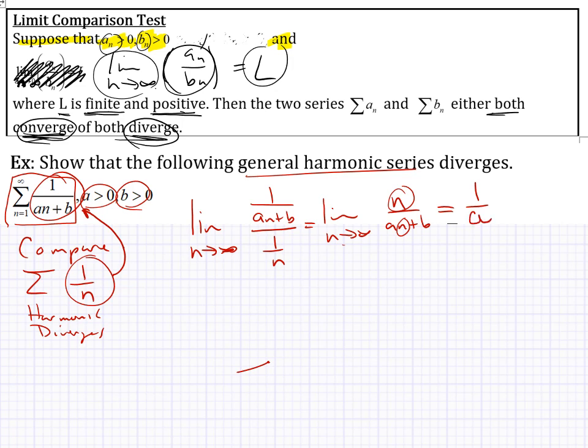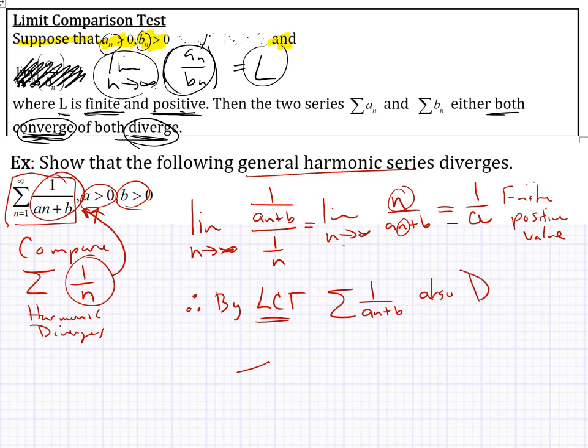Since a is a positive constant, this is a finite positive value. And therefore, by the limit comparison test, which I'll abbreviate LCT, the sum of 1 over an plus b also diverges. Okay.